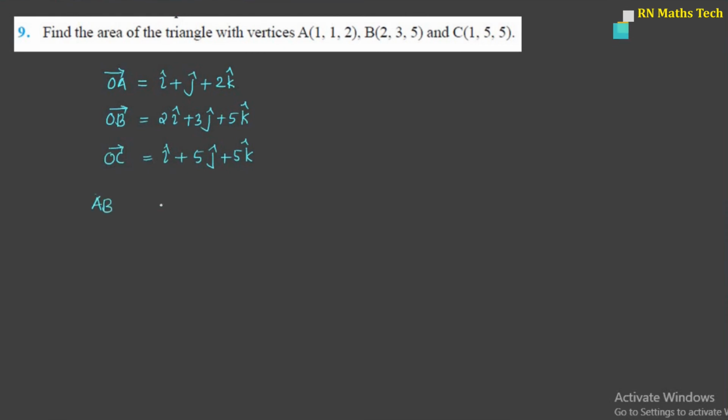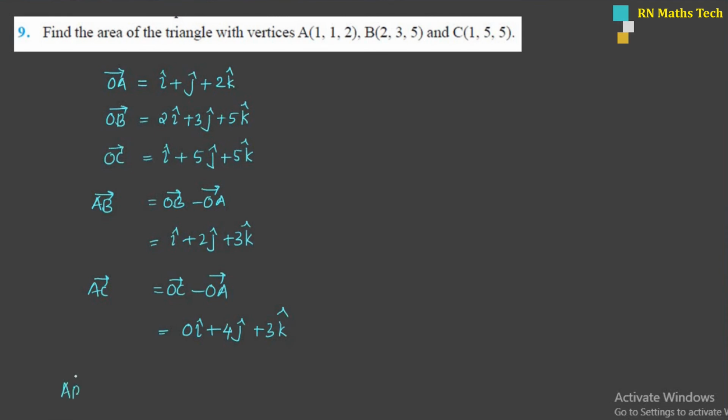Now vector AB equal to OB minus OA, so i plus 2j plus 3k. Vector AC is equal to OC minus OA, that is equal to 0i plus 4j plus 3k.